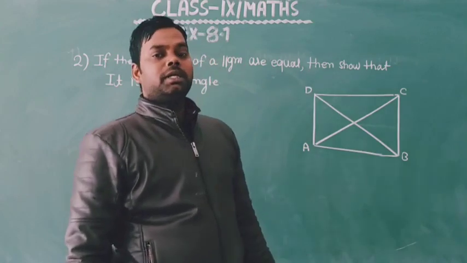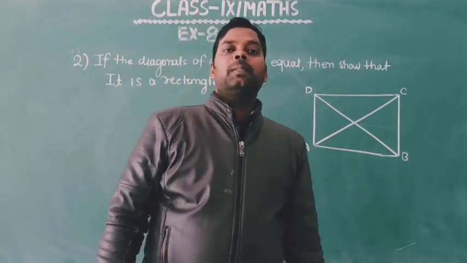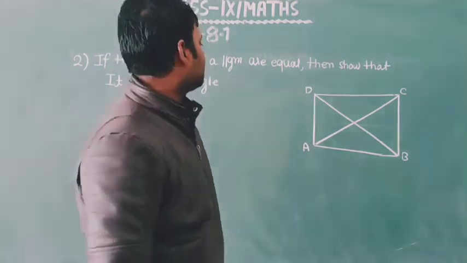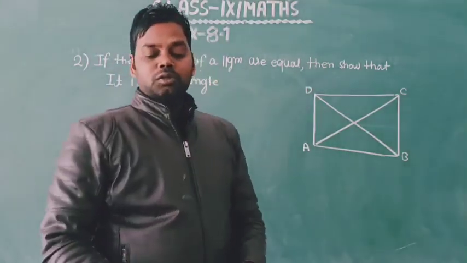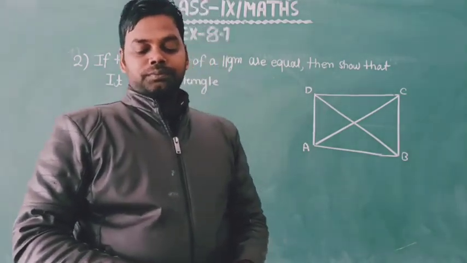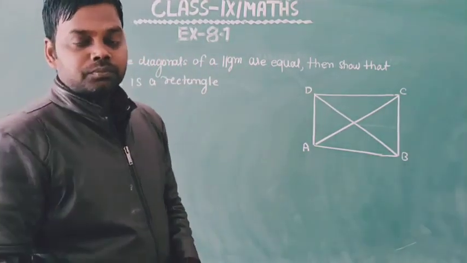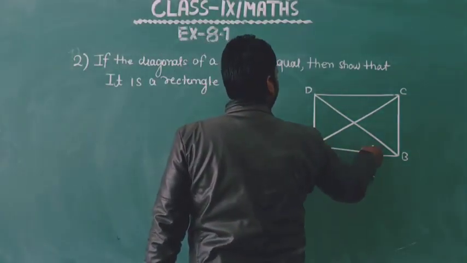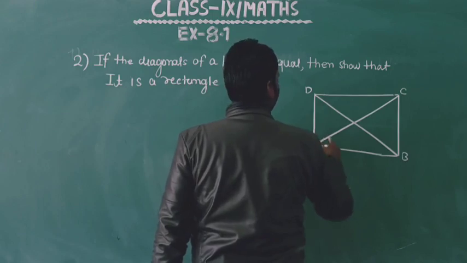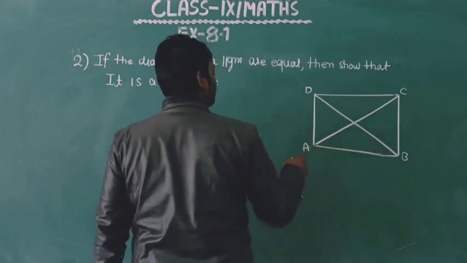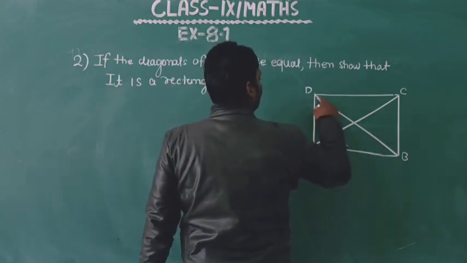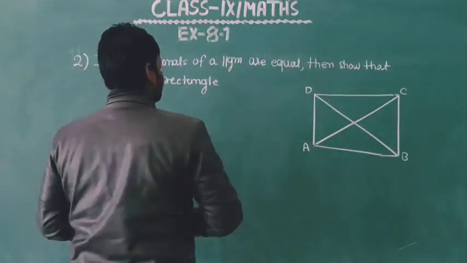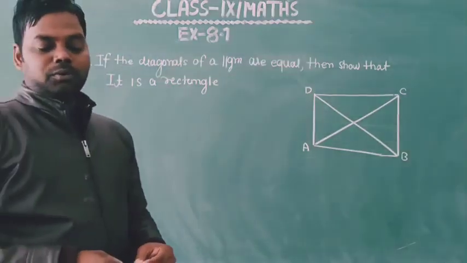We know the property of a rectangle: each angle of a quadrilateral is 90 degrees, then it is called a rectangle. For this, first we have to show triangles DAB and CBA are congruent to each other.